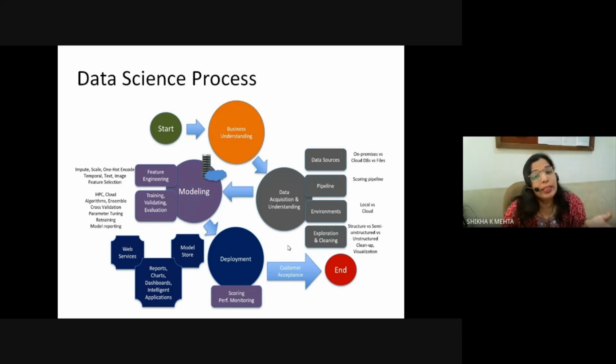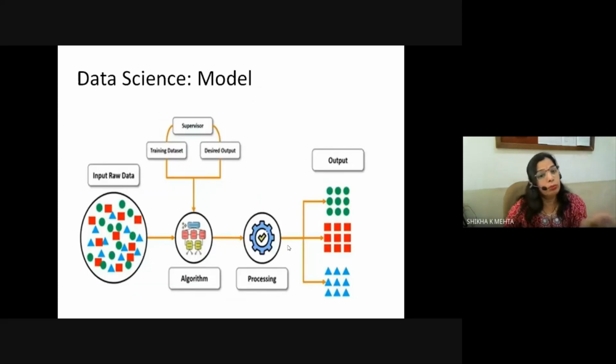So this is the complete data science process where we are using all kinds of techniques, whether they are machine learning algorithms or deep learning algorithms, where the processing does different kinds of analytics, and they start from the business understanding of the problem. And here you see how the model is developed.